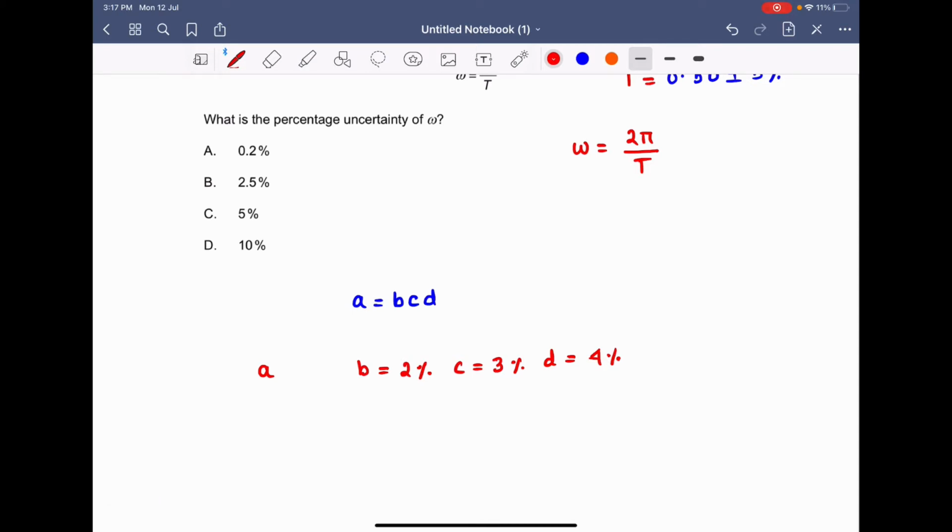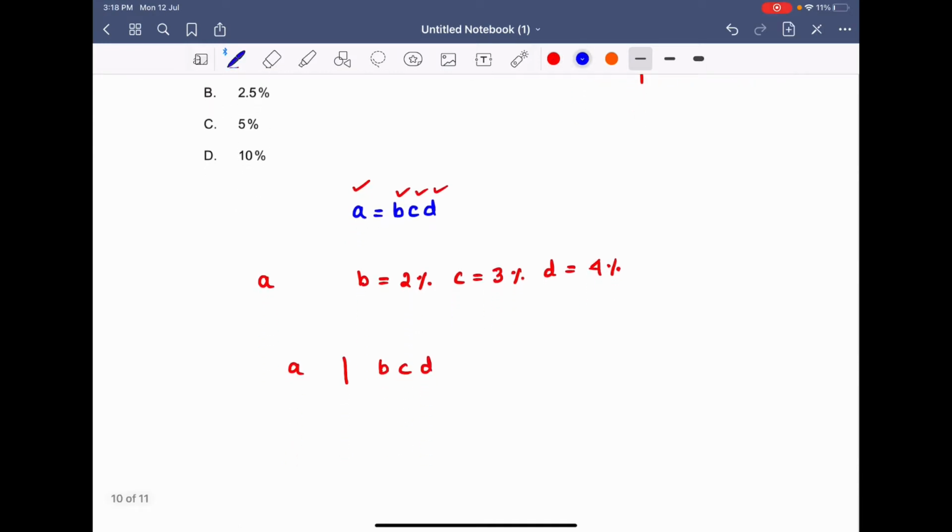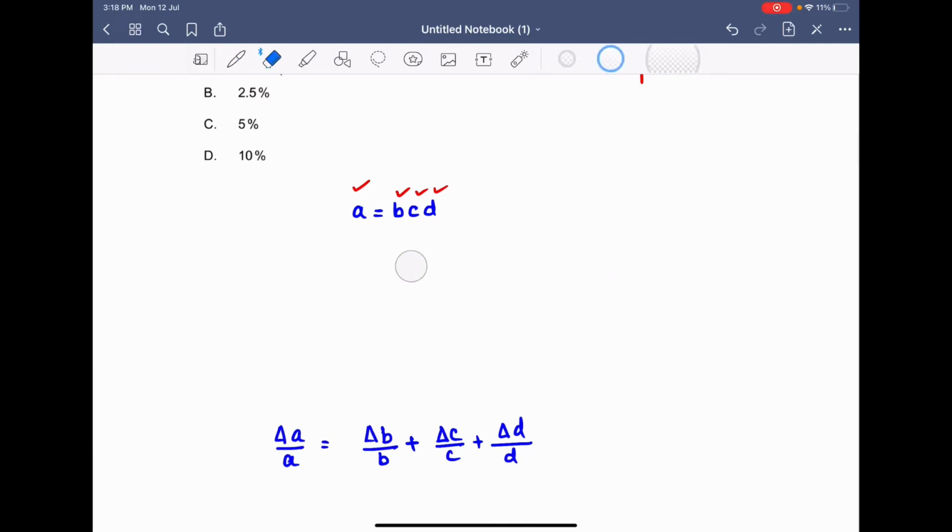On the left hand side of the equation the variable is A, so write here A, and on the right hand side of the equation the variables are B, C and D. So the theory of errors says that delta A by A is equal to delta B by B plus delta C by C plus delta D by D.